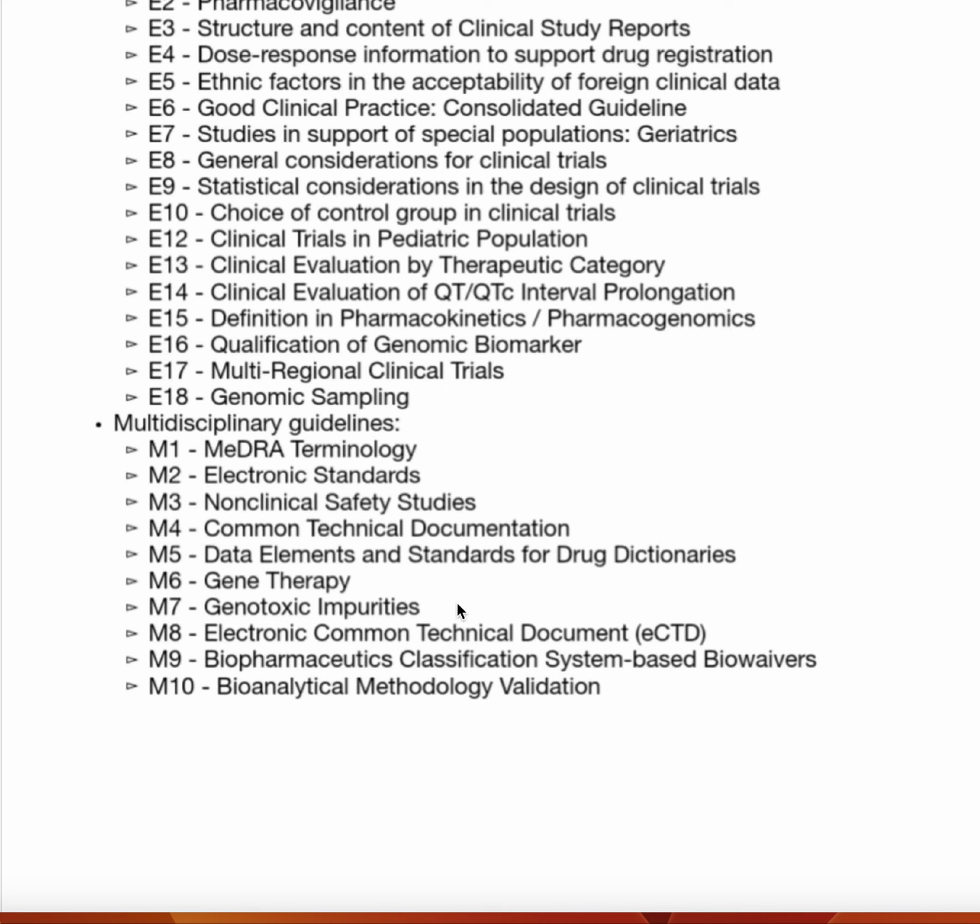So all these are the guidelines of ICH, the International Council for Harmonisation.